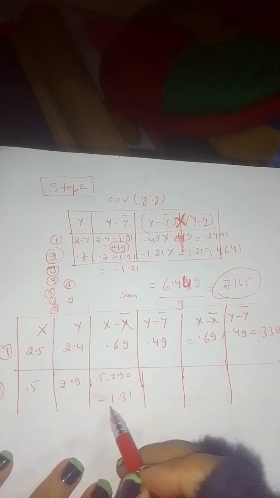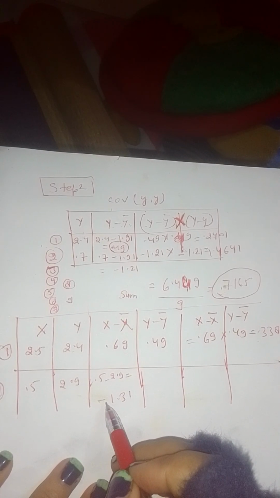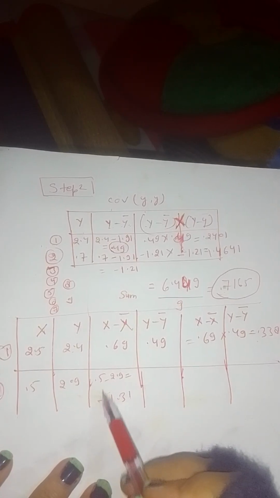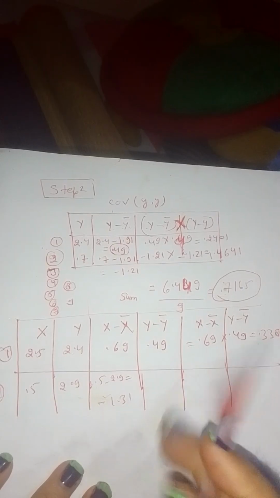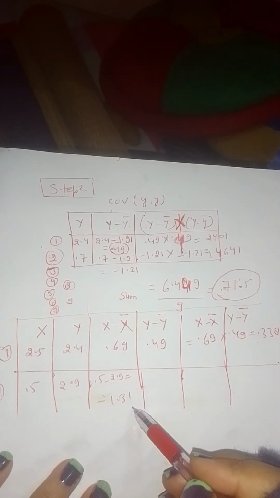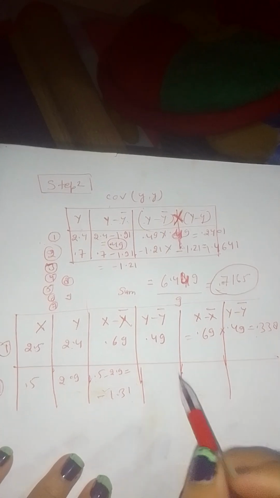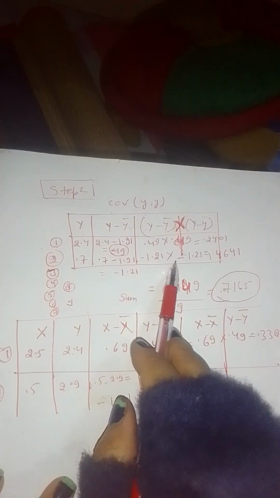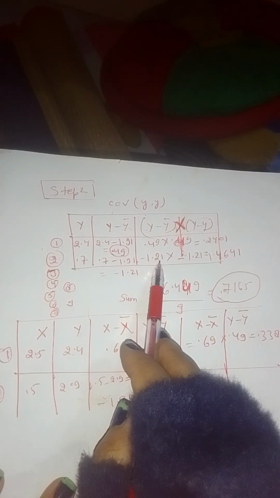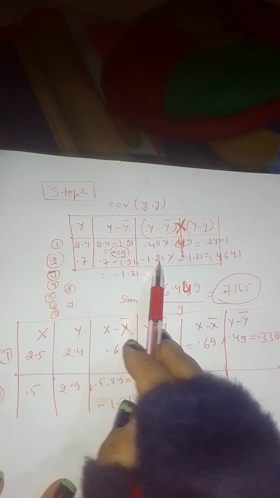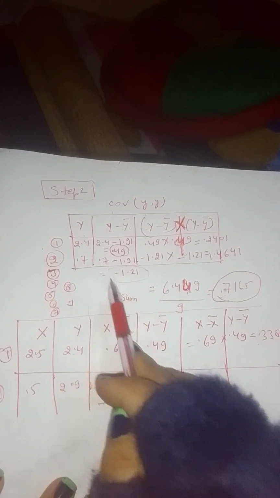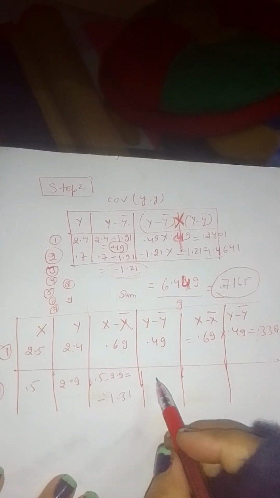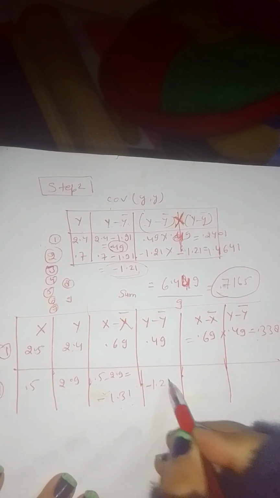And for y minus y bar, what is y minus y bar for 0.7? It would come as minus 1.21. We have calculated that in the particular video, so it would come as minus 1.21.